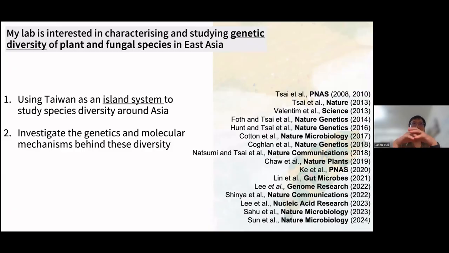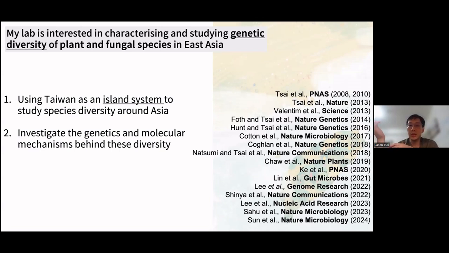So just a quick introduction about my lab. I'm located in the Biodiversity Research Center of Academia Sinica in Taiwan. My lab has focused on exploring the genetic and molecular diversity of East Asia's unique flora and fungi.